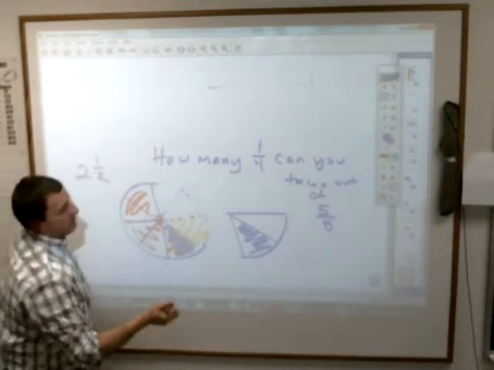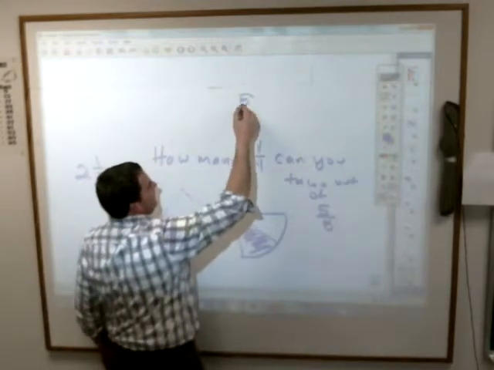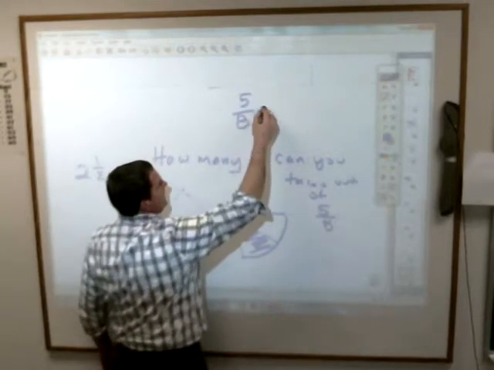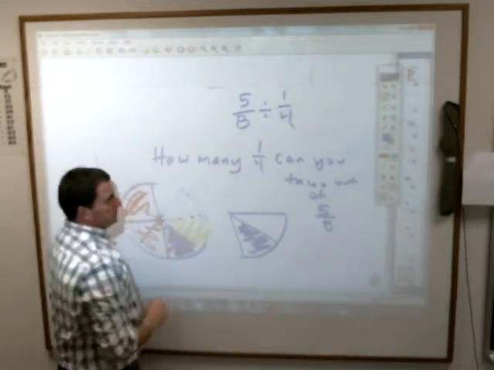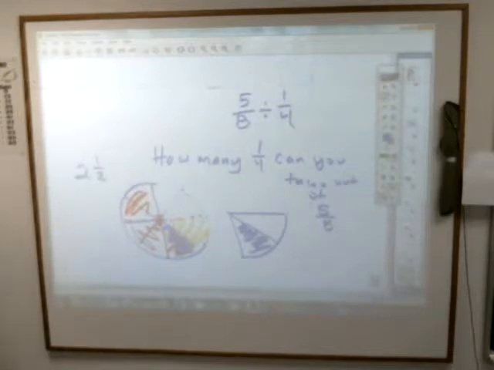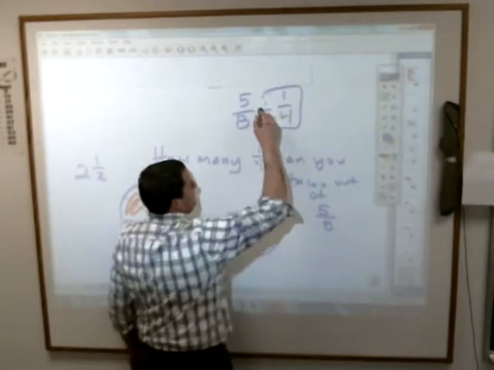Let's do the problem. How many 1/4 can I take out of 5/8? So I have 5/8 and I am dividing it by 1/4. Correct? How do I do that division problem, Christine? You switch the 1/4.